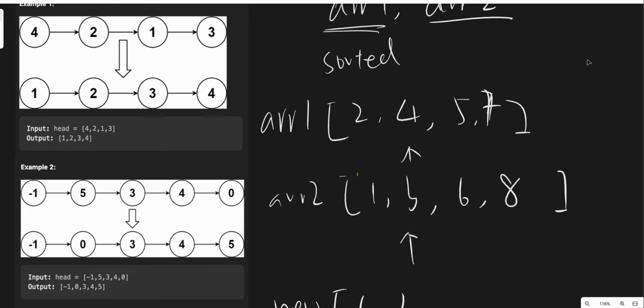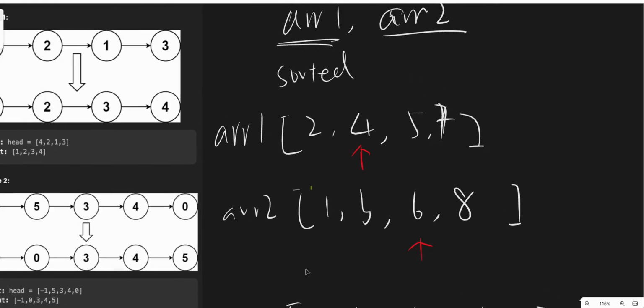Let's put a more obvious color. In this case, 3 is less than 4, so we put 3 here, and we continue moving the pointer for array 2, and now 4 is less than 6, we put 4 here. You get the meaning. So we continue moving these two pointers.